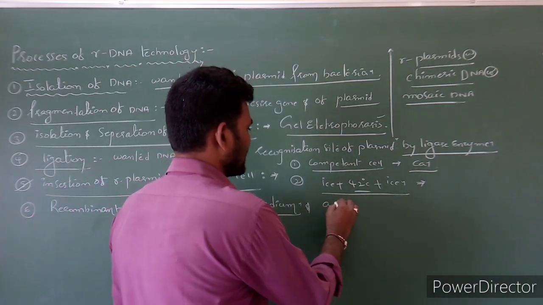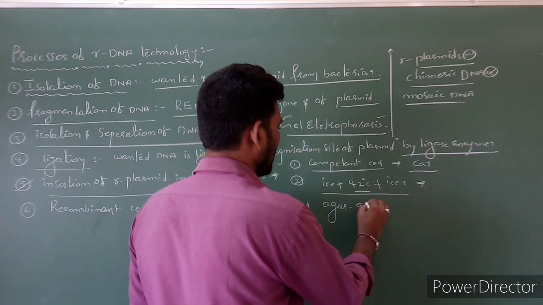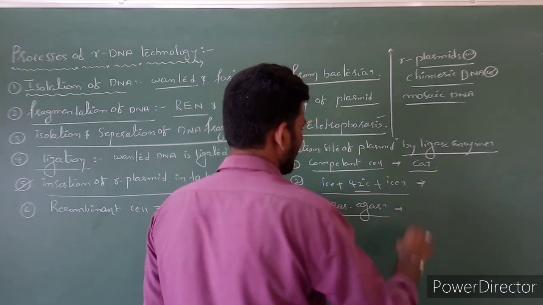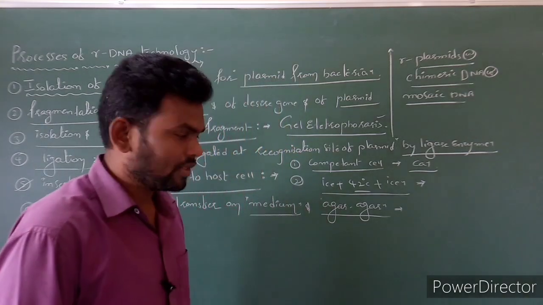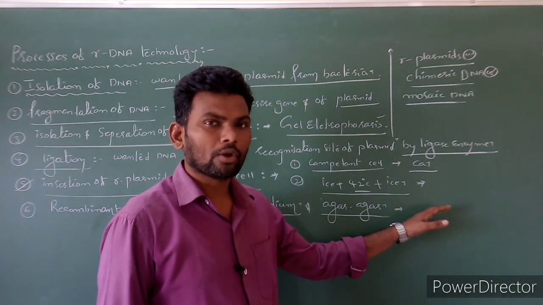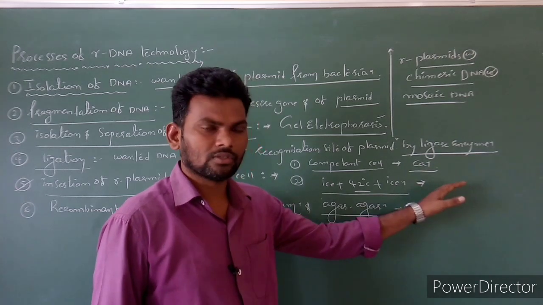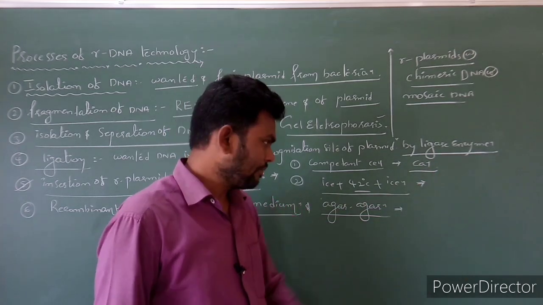Here in most cases agar medium and some other media are useful. And you already know what a medium is. The medium contains micro and macro essential elements and growth factors besides sugar. These are all present. Clear?